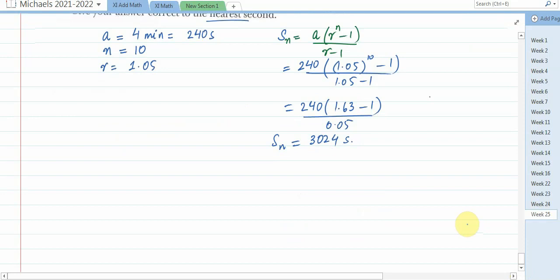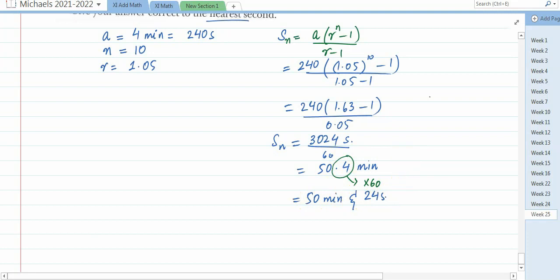When you divide it by 60, you will get 50.4 minutes. Now you need to convert that 0.4 part into seconds, so you multiply it by 60. So I can say that the time is 15 minutes and 0.4 times 60, which is 24 seconds.